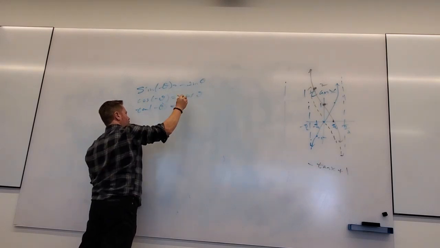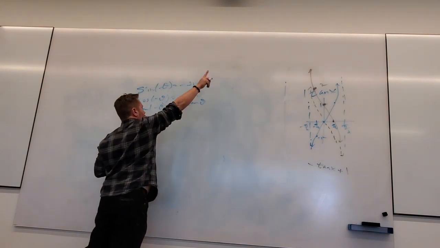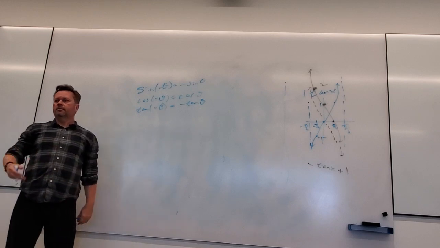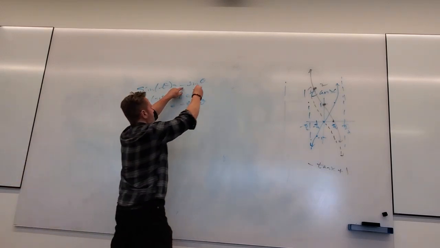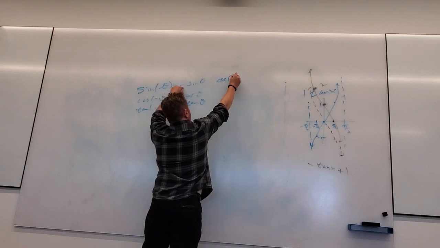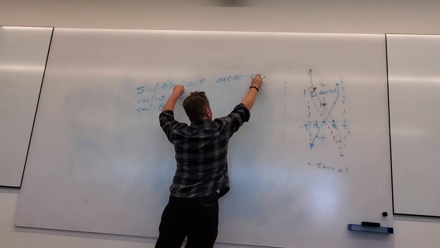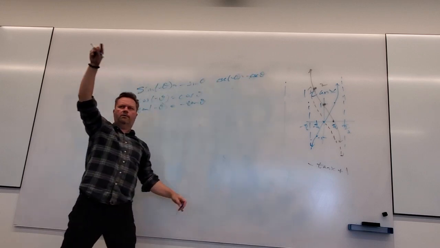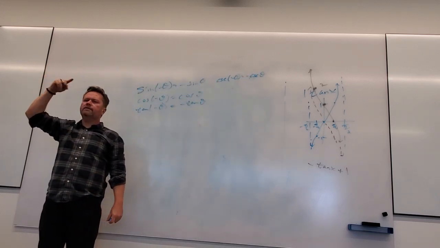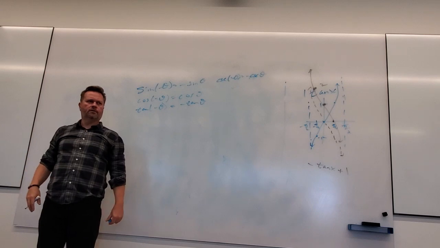Negative tangent theta, yes. And then for the reciprocals, you're golden. Since sine goes to negative sine, what does cosecant do? Negative cosecant, because it's built off of sine, yeah? This is the power of knowing the relationship. I have less stuff to memorize then.